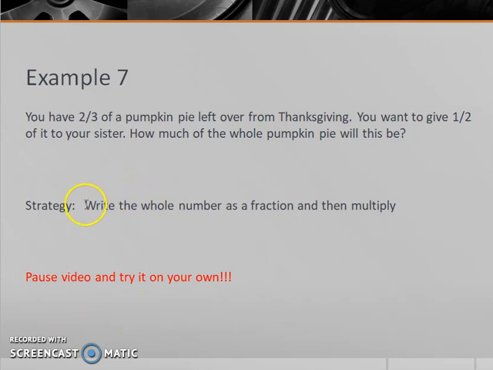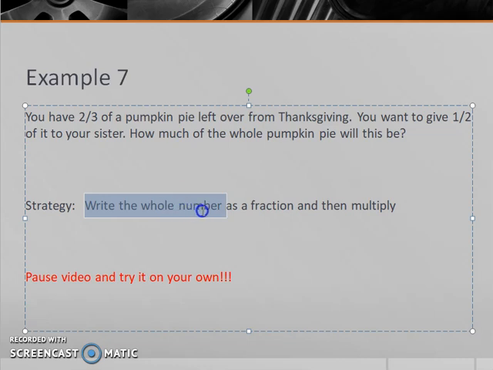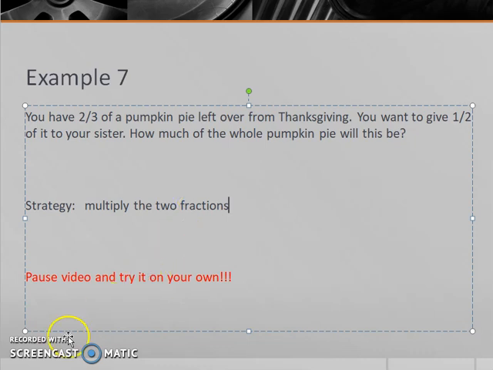You're not going to write a whole number. You're just going to multiply straight across. We're just multiplying the fractions. I want you to pause the video and try it on your own.